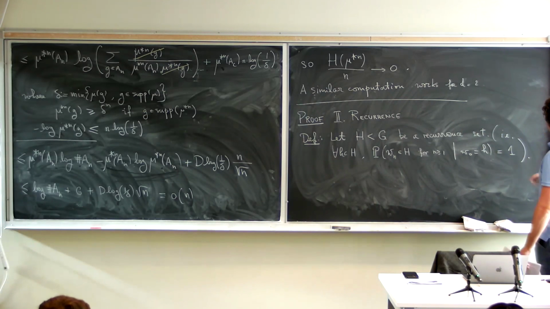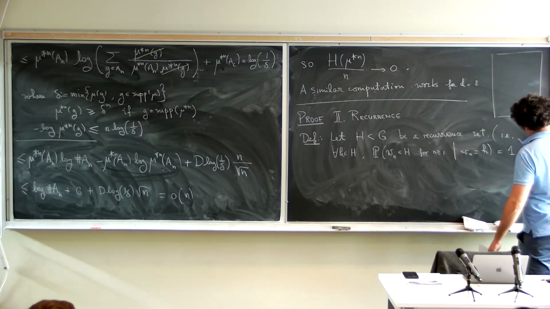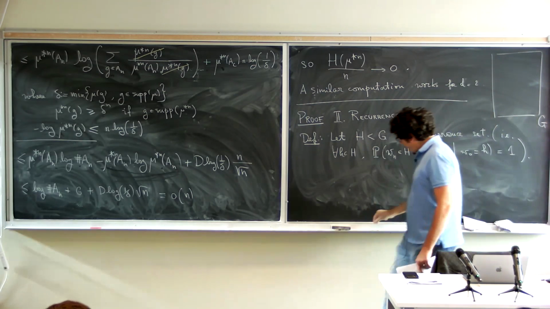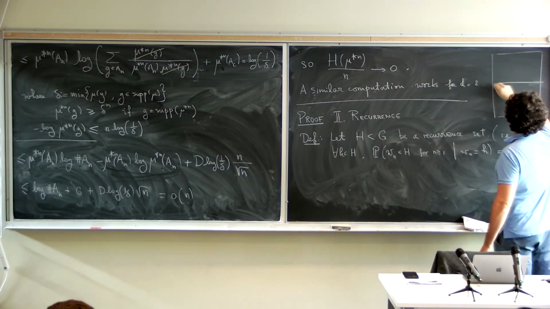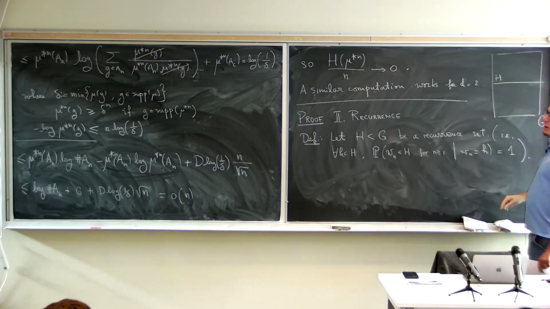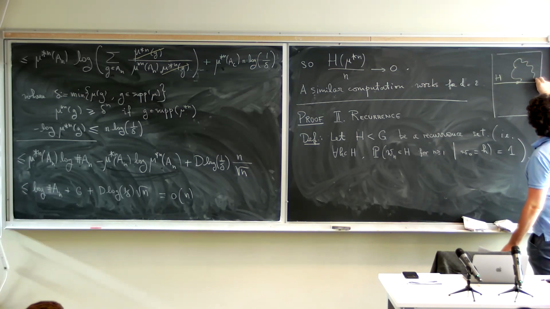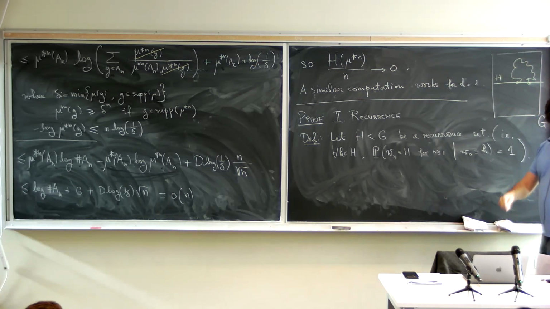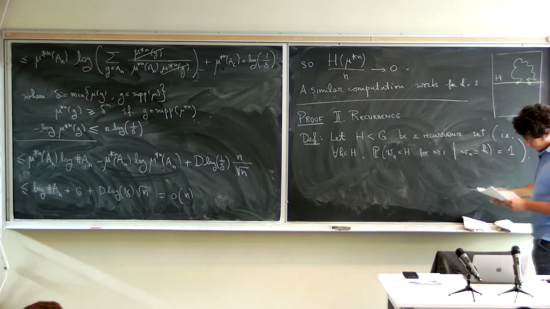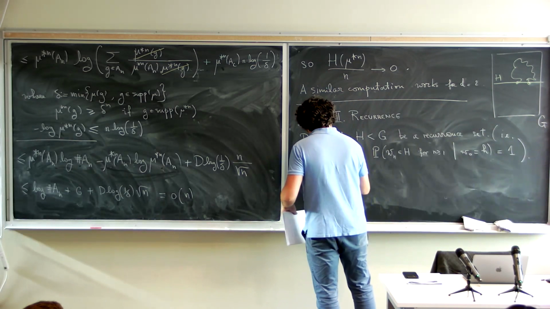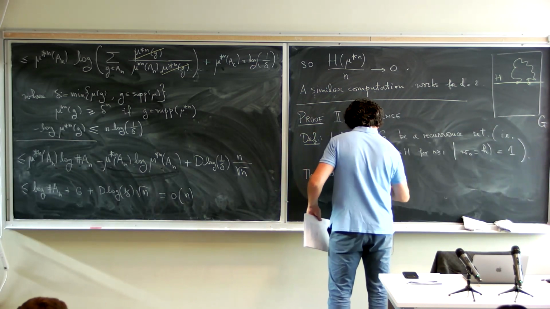So we have a group G and we have a set. In general, usually it's a subgroup, but it doesn't have to be. Suppose H is a subgroup; we call it recurrent if, starting from H, there is probability 1 of coming back to H. In that case, we can define an induced measure on H by taking the first return to H. Then we define the first return measure.